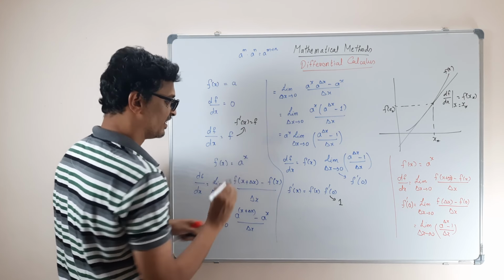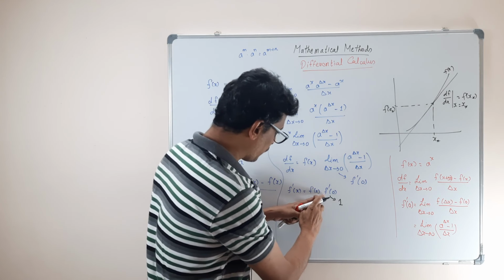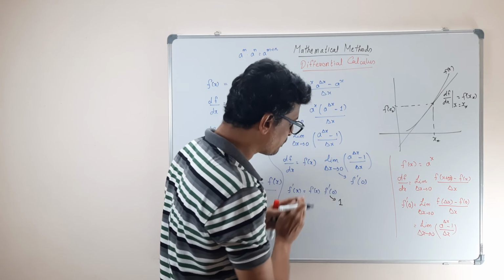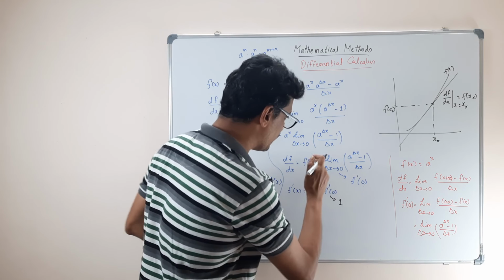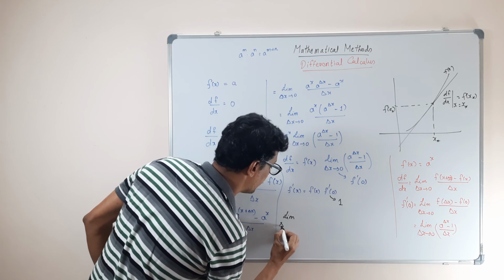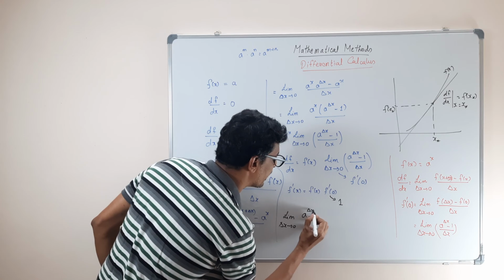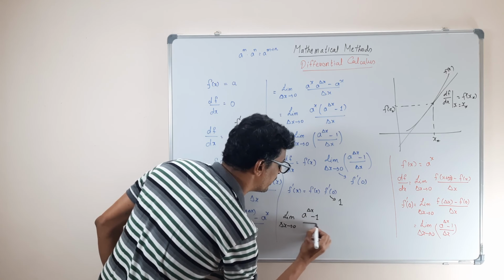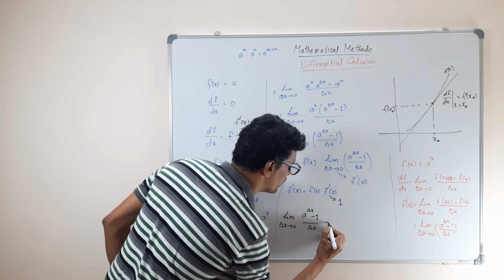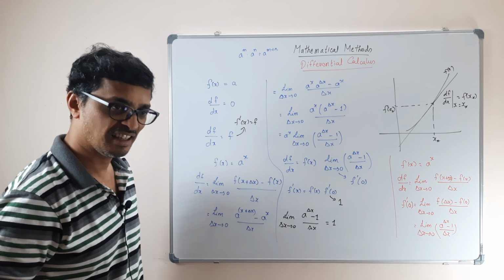So what is f prime of 0? This is f prime of 0. Okay, so limit delta x tends to 0, a power delta x minus 1 divided by delta x should be equal to 1. Okay. Correct?